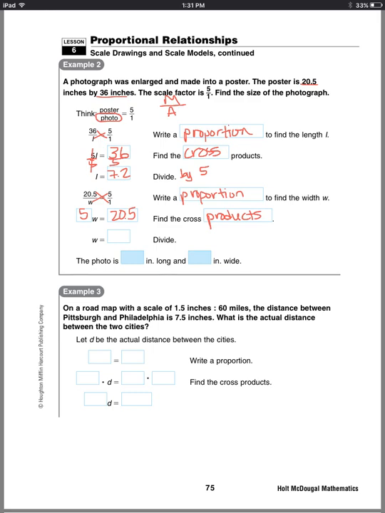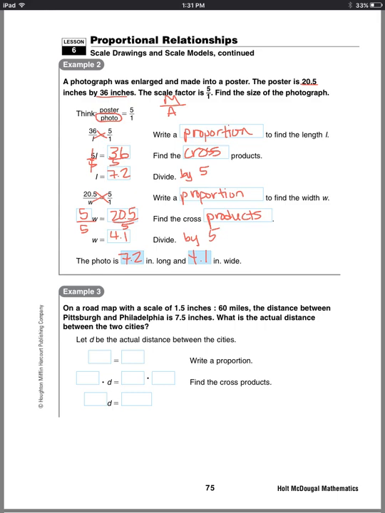And then we're going to divide by 5, because 5 is the coefficient, to get W by itself. And when we do that, we get an answer of 4.1. So the photo was 7.2 inches long, and 4.1 inches wide.